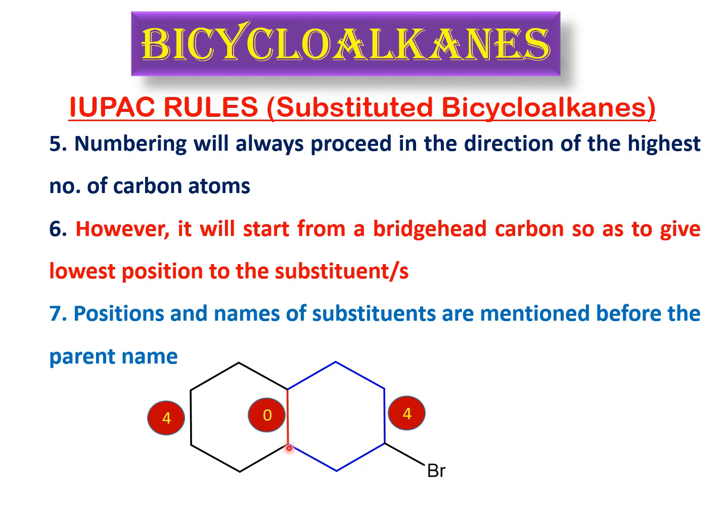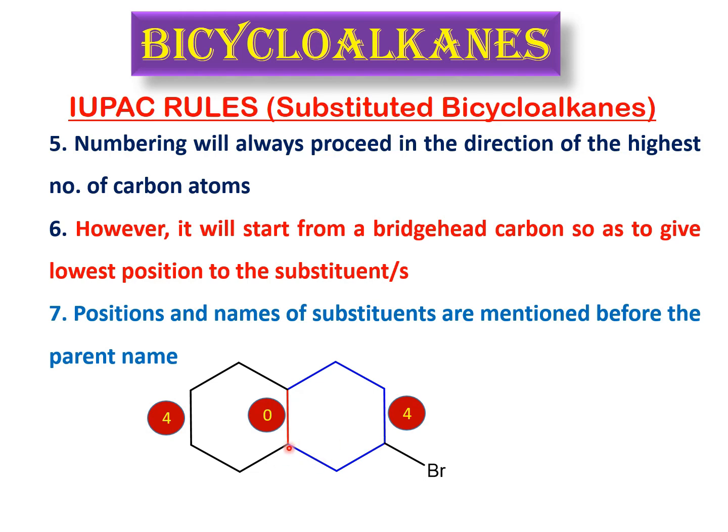So you start from this bridgehead carbon and proceed in this direction, and that will give you the lowest position for the bromine atom. From here you can have it at 4 or 8, and from here you can have it at 3 or 9. So 3 is the lowest position that can be assigned to bromine in this case.